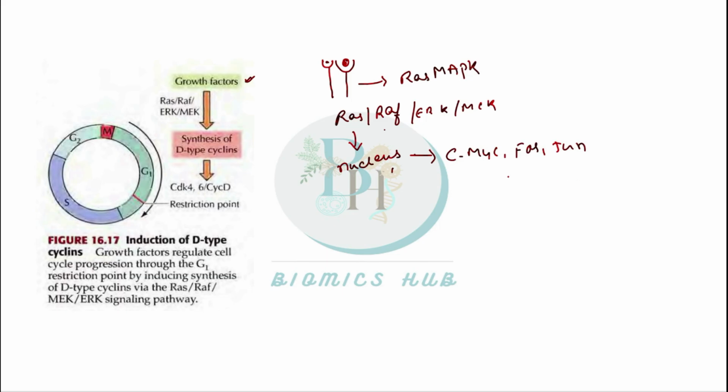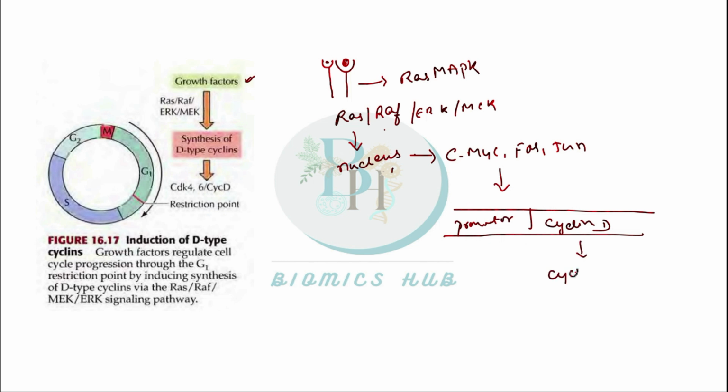As these are transcription factors, they will help in the synthesis of some other genes. The gene here is cyclin D. These transcription factors, CMYC, FOS, JUN, bind in the promoter of cyclin D and help in the synthesis of cyclin D as well as CDK4 and CDK6.